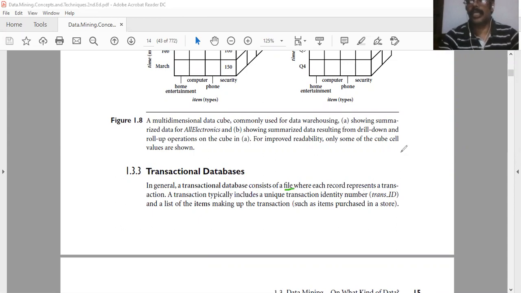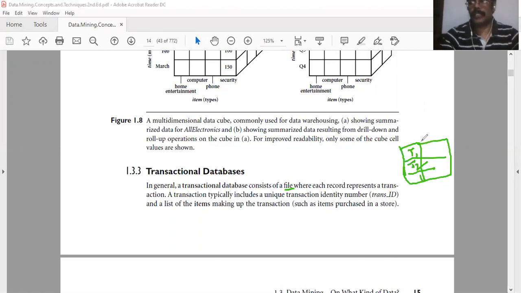Transaction 1 is the first record, transaction 2 the second record, etc. Typically, a transaction includes a unique transaction identifier, the transaction ID, and a list of items making up the transaction, such as items purchased in a store.